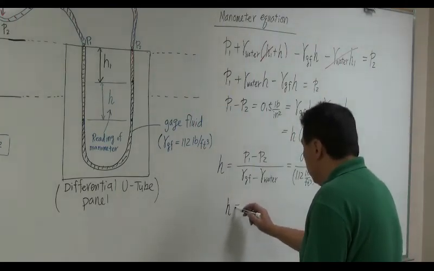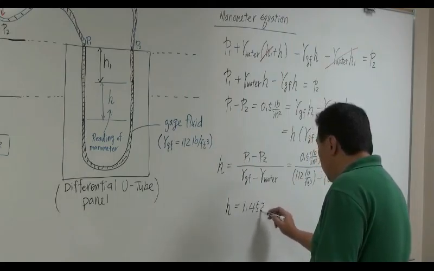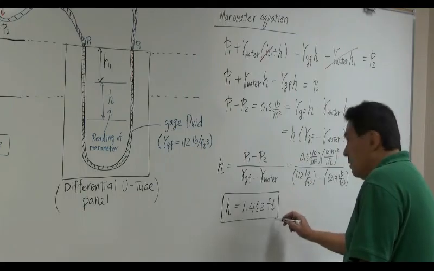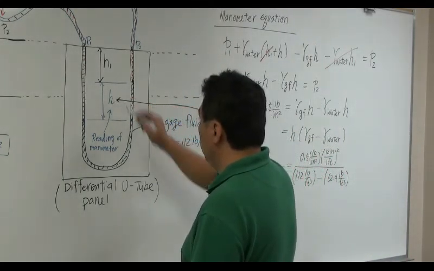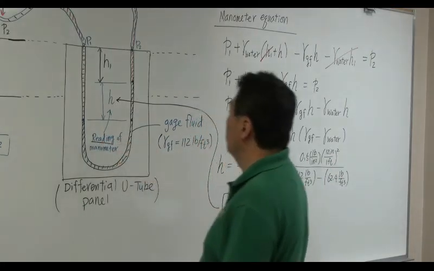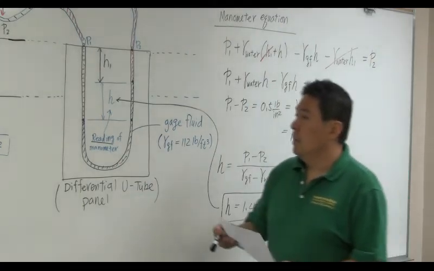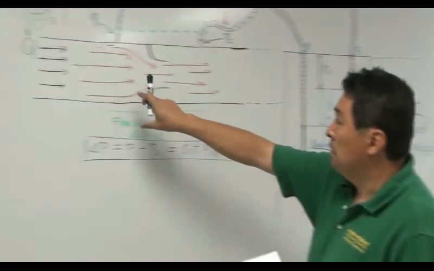From here, H can be found: 1.452 feet. So this is the gauge reading of this differential U-tube manometer attached to measure this flow rate.